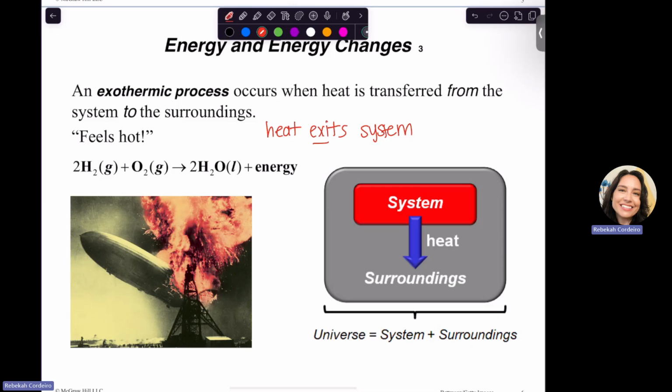Combustion reactions, like this photo shows, would be an exothermic reaction. So we'd feel that heat go to the surroundings, which we are a part of, if the chemical reaction is our system.